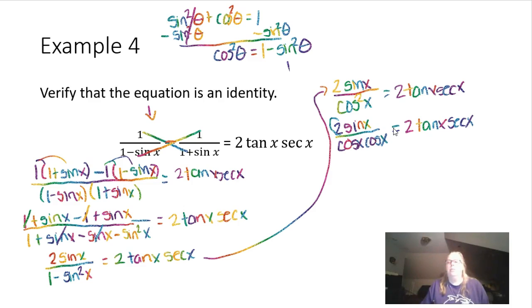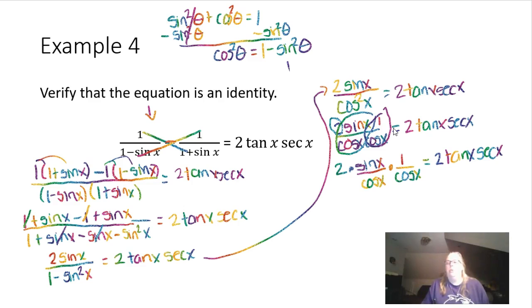One of my fractions is going to be 2 over 1. One of my fractions is going to be the sine divided by the cosine. So this is being multiplied by sine x over cosine x. And this is going to be multiplied by this cosine x right here, but remember there has to be a 1 on top of it because it is in the denominator of a fraction. And we want this to be equal to 2 times the tangent of x times the secant of x.